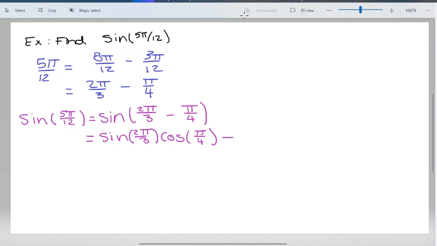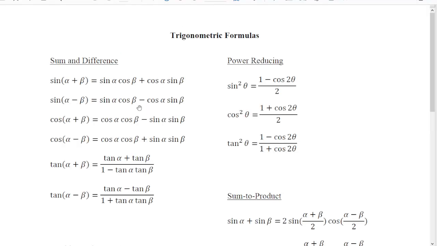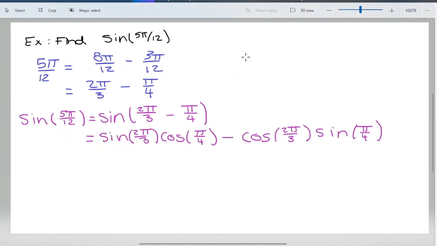And then we'll have minus cosine of 2 pi over 3 times sine of pi over 4. Again, when you check the original formula, it's just sine alpha cosine beta minus cosine alpha sine beta. So that's exactly what we have here.